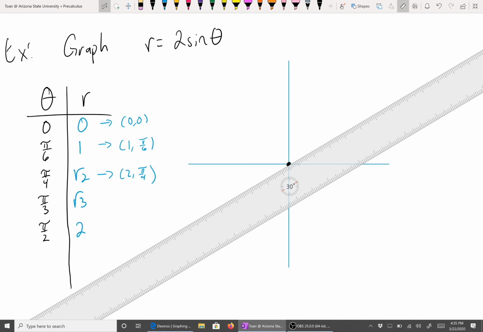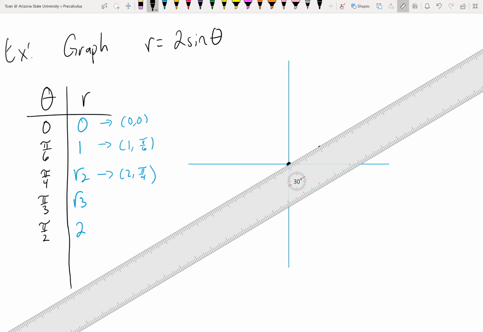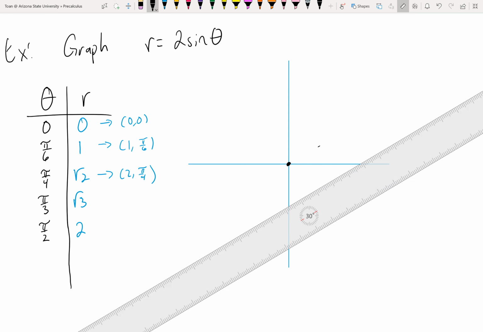I can decide whatever I want to be 1, I just have to be consistent. I go up to 2, so I don't want to make it too big. Let's make 1 be 2 inches. So here's 1 comma pi/6.